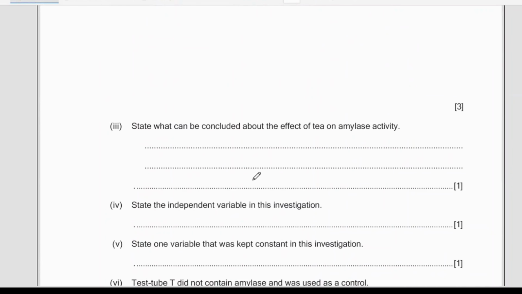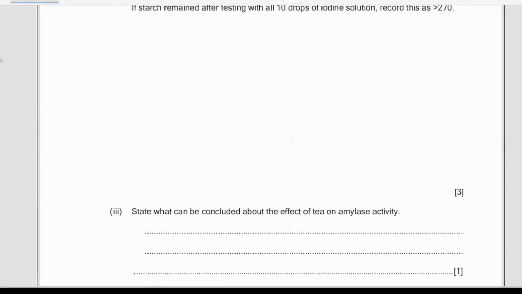So let's make two columns. One column would be the test tube and then the time. Test tube A, AT, and T. Units would be seconds.